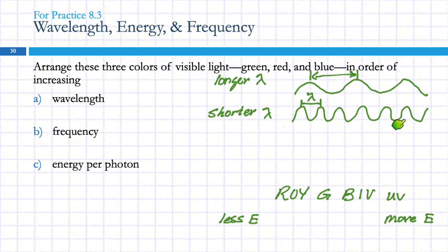How does the frequency of these compare? Think of yourself at the beach, and the waves are coming. All of this stuff moves at the same speed towards the person on the beach. Which one's more frequent? The top one or the bottom one? The bottom one. So the bottom one is higher frequency, and this is lower frequency.